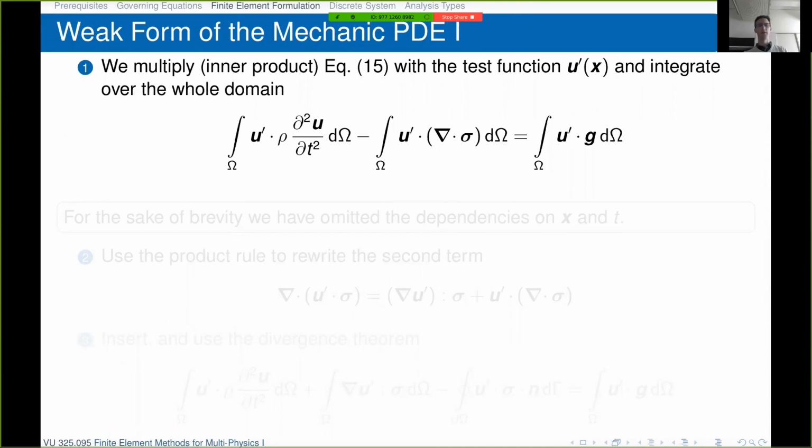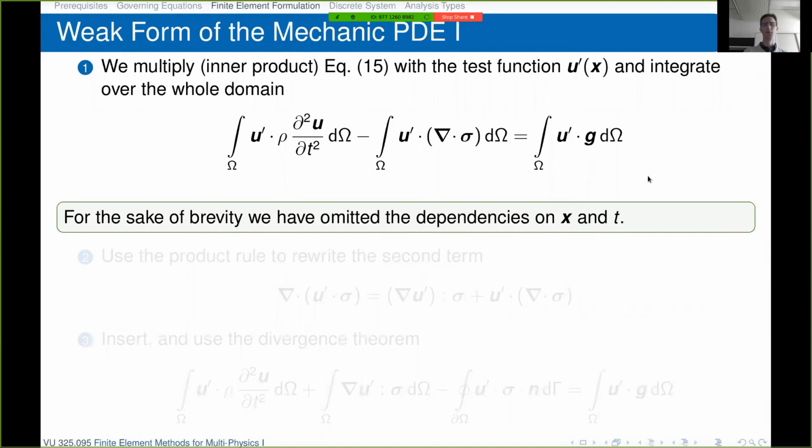So this gives us this integral expression here. The multiplication is done by the inner product, so we have explicitly to write the dot product here. And for the sake of brevity, we have omitted all the dependencies on the location x and time t.